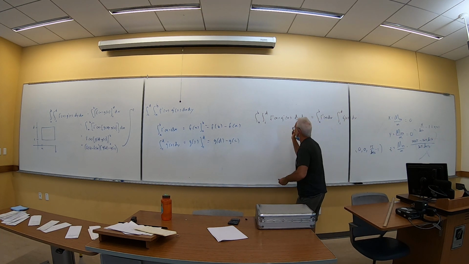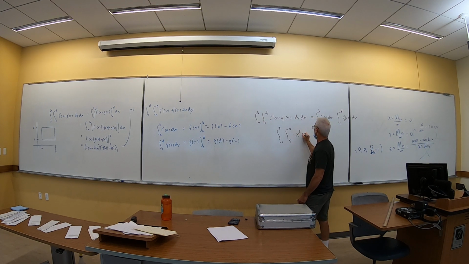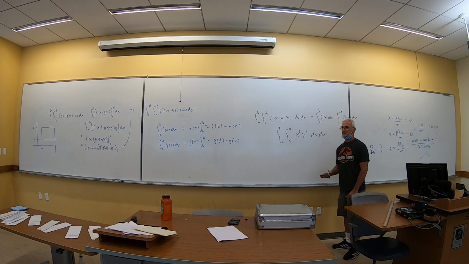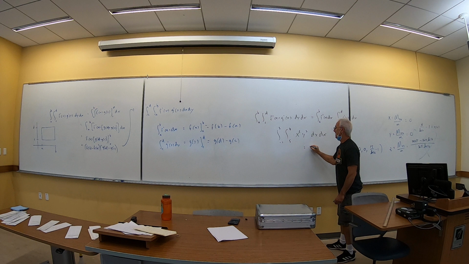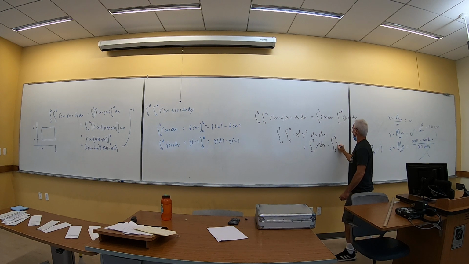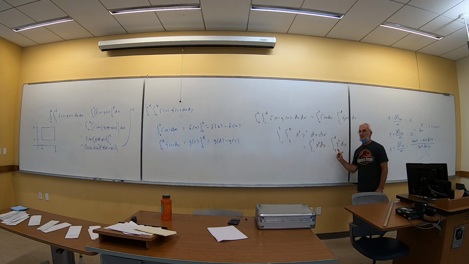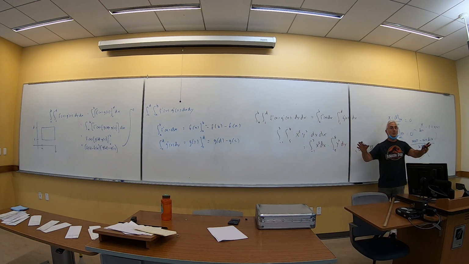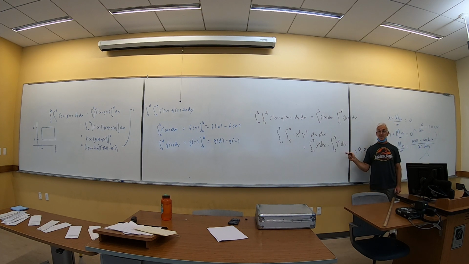Okay, so if I gave you the following question, I am going from -1 to 3 and 5 to 8 of x squared y cubed dy dx. What I'm saying is, I can do this. This is when I can do this. You can't do this in general, you can do this in this case.